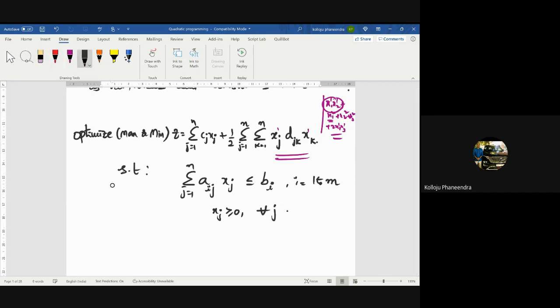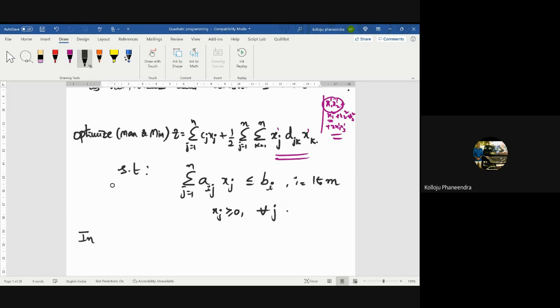This is the structure of a quadratic programming problem. Once again, the objective function is what? One linear function plus one quadratic function, subject to constraints of linear type, and non-negative restrictions.